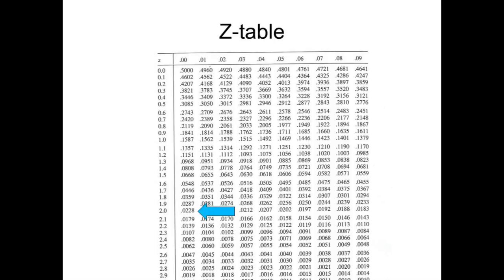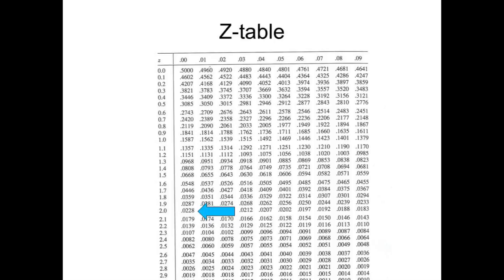So we're going to look in the rows, we look down to 2.0, and then in the columns, we're going to look at 0.00 because we know our score is 2.00. And that's going to give us a probability of 0.0228. So that's our probability of finding a score at least as big as 106.